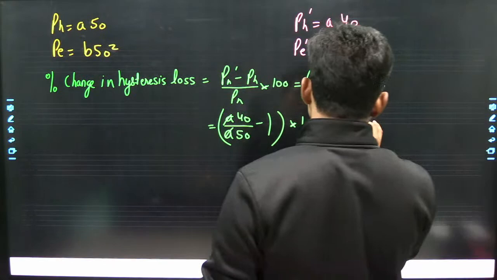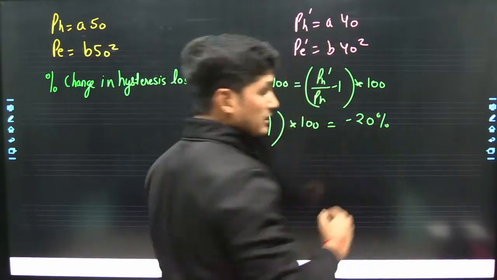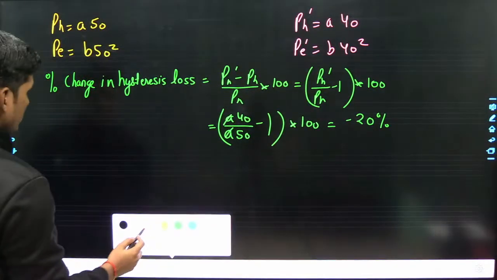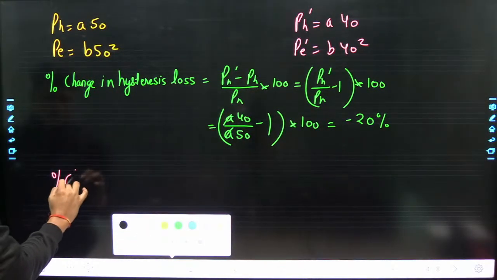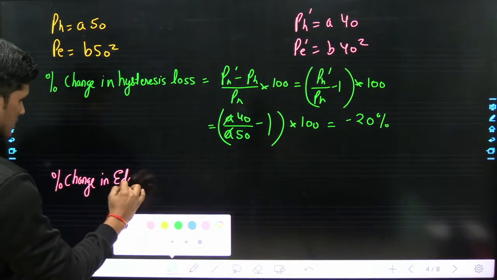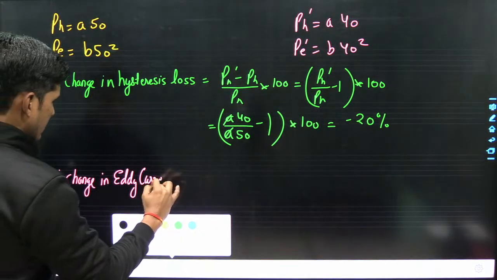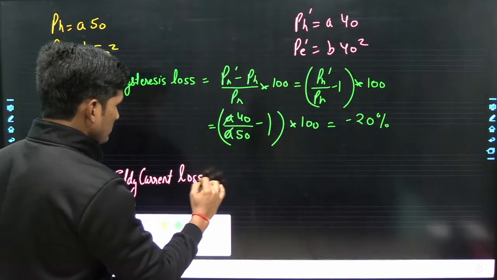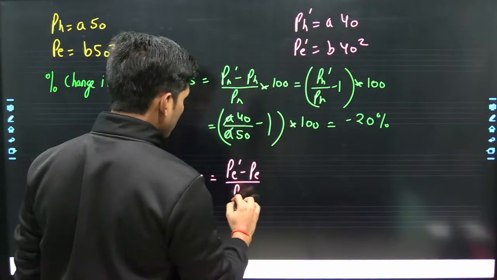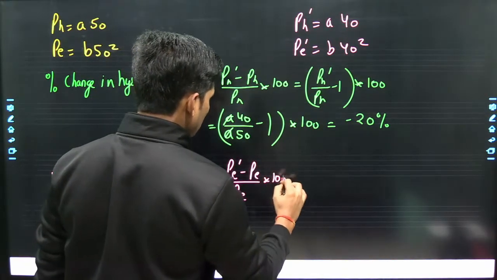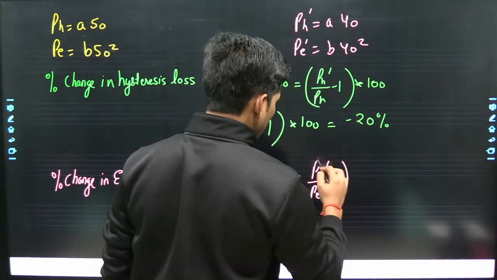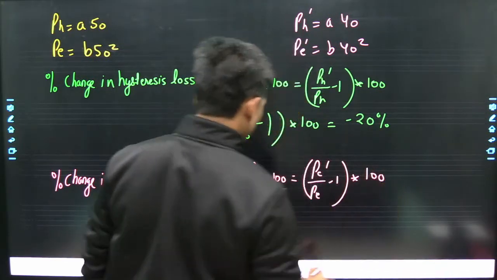That is minus 20%. That is the percentage change in hysteresis loss, minus 20%. Now, percentage change in eddy current loss is equal to (PE dash minus PE) upon PE into 100, that is equal to (PE dash upon PE minus 1) into 100.